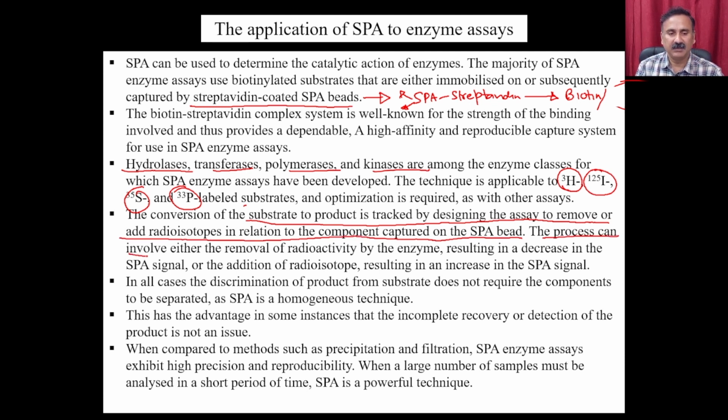The process can either involve the removal of radioactivity by the enzyme, resulting in a decrease in the SPA signal, or the addition of radioisotope, resulting in an increase in the SPA signal. So just as we discussed, you can measure the substrate concentration and monitor the decrease in substrate concentration, or you can see the increase in product.